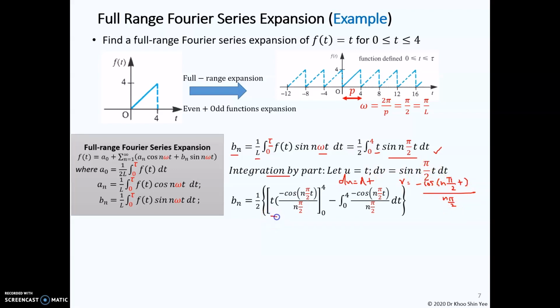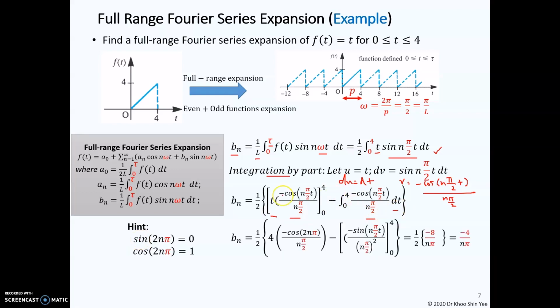Then you have the formula uv minus integrate with v du. Substitute t equal to 4 inside, you obtain negative cos 2 pi n here. And then substitute t equal to 0 inside. So since 0 is here, 0 multiplied this term will be obtain 0 as well.